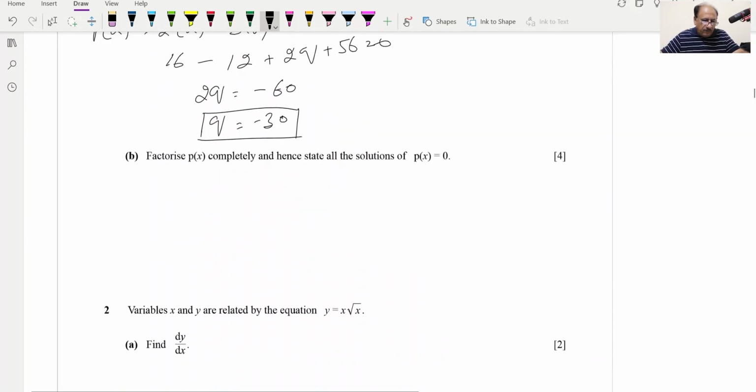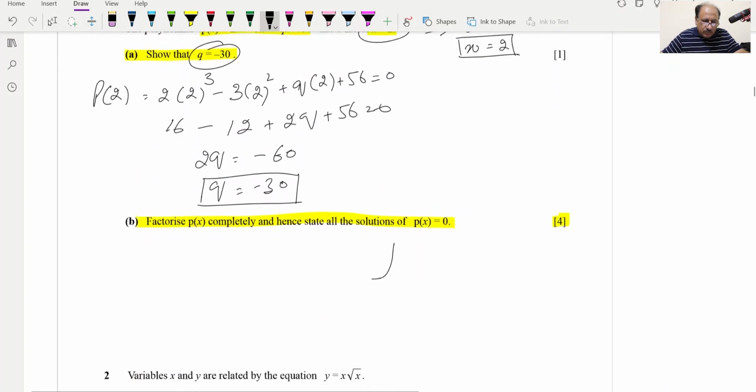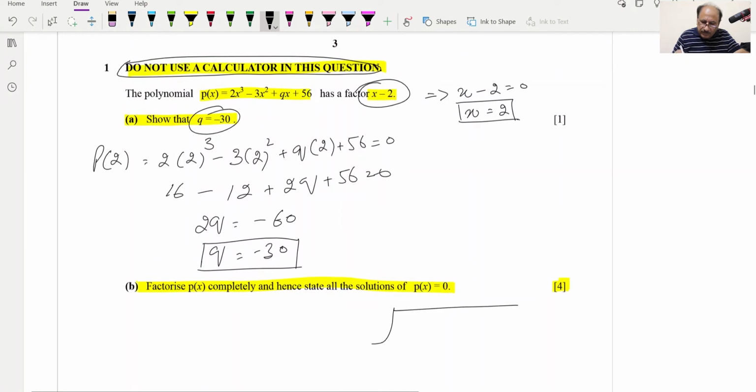So B part: factorize p of x completely and hence state all the solutions of p of x is equal to 0. This is a 4 marks part. So what we will do, we will divide the given equation, basically 2x cubed, and we will replace the q value. So we write 2x cubed minus 3x squared minus 30x plus 56, and this will be divided by x minus 2.